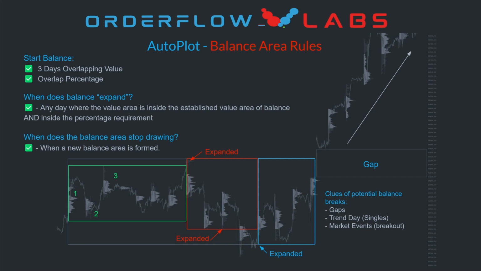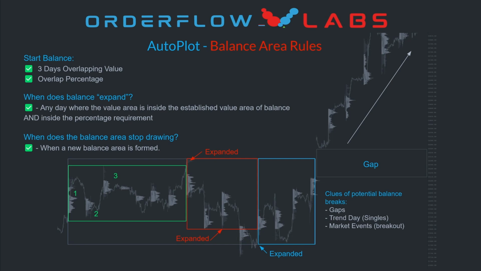To expand the value area, we have to have a day with overlapping value from that day compared to that balance area's value. So basically, you have to have a session that expands price, higher or lower, but the value is still inside of that balance area's value area.